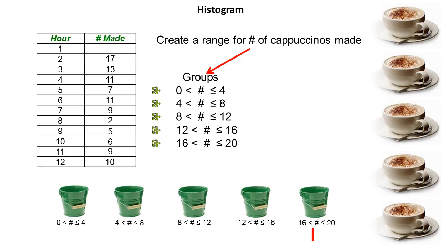18 goes in its bucket, 17 to its bucket, 13, 11, 7, 11, 9, 2, 5, 6, 9, and 10.